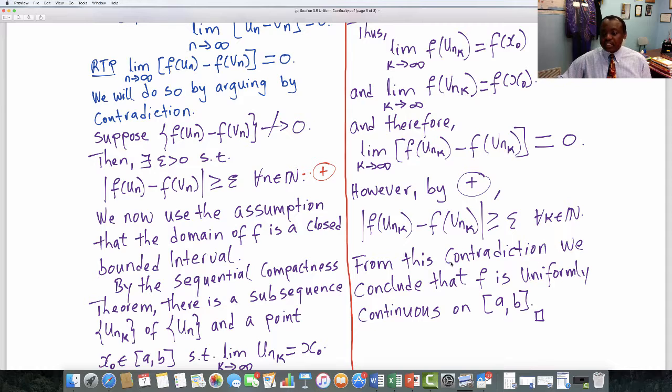So from this contradiction, we conclude that f is uniformly continuous on a closed bounded interval, and we have arrived at the end of the proof using the method of contradiction. So whenever f is continuous on a closed bounded interval, we can always conclude that f is also uniformly continuous on that closed bounded interval.